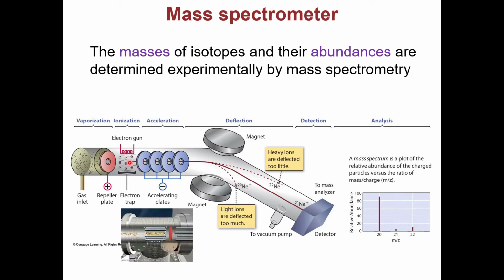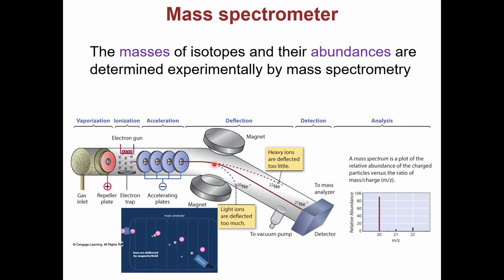And then that flow of ions gets accelerated using accelerating plates. And then the beam of accelerated ions passes through a magnet. An electrically charged particle passing in a magnetic field gets attracted to the magnet one way or the other. So we modulate the magnetic field to a certain level to cause a curvature in the path of the flow.